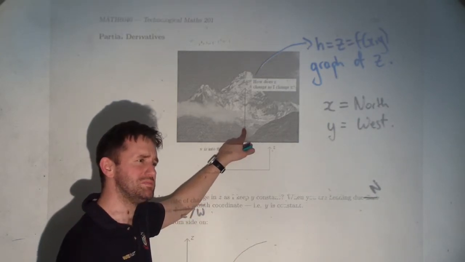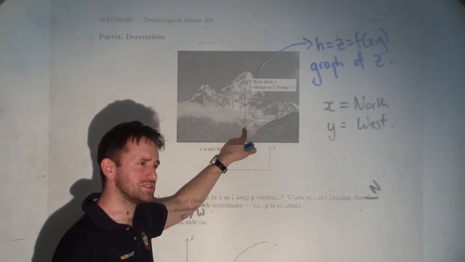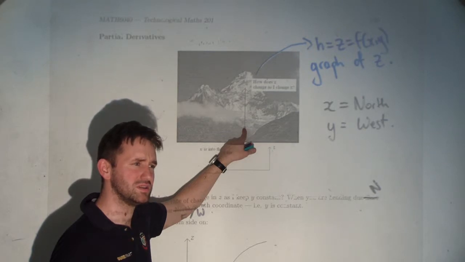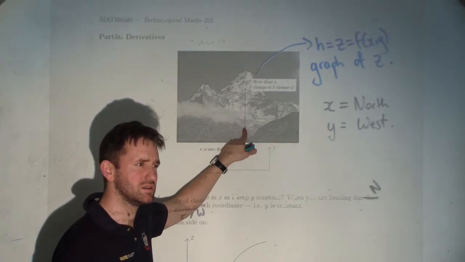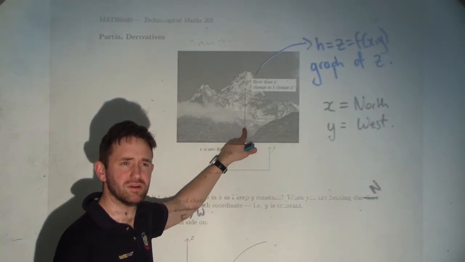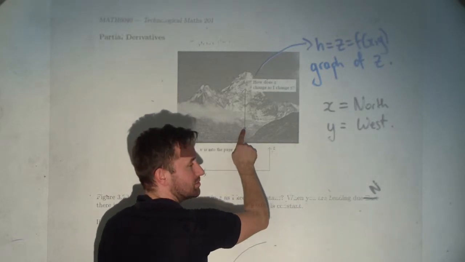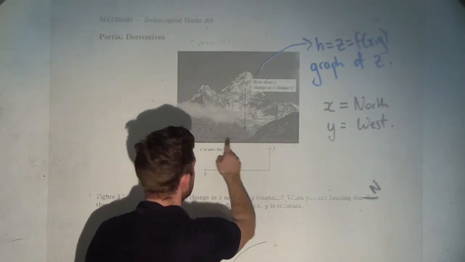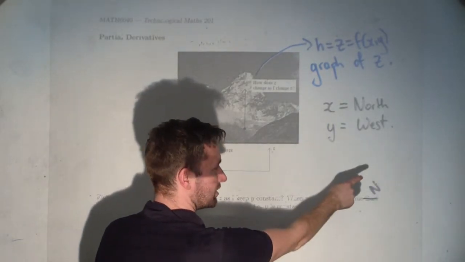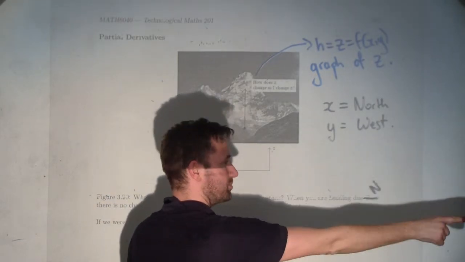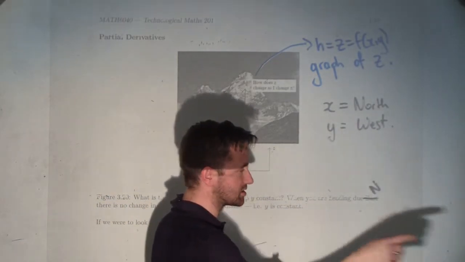Of course, if you meet a sheep, and you ask the sheep, what's the slope? Depends. What does it depend on? Where are you going? What direction? So it doesn't actually make sense to talk about the slope at this point. It goes straight up the mountain, but what about walking that direction? The sheep might be going that direction, or that direction, it depends.